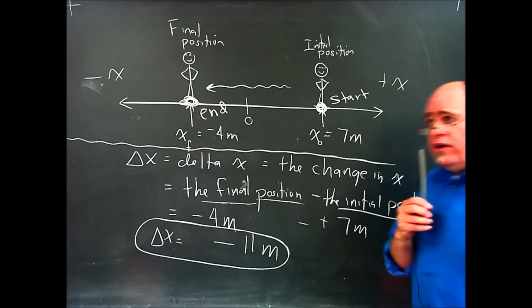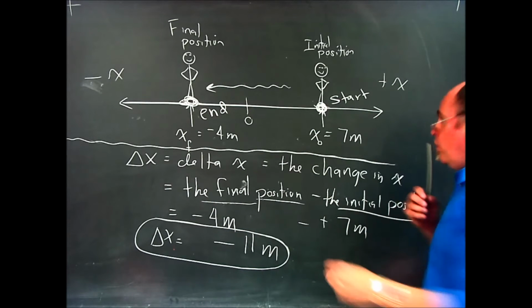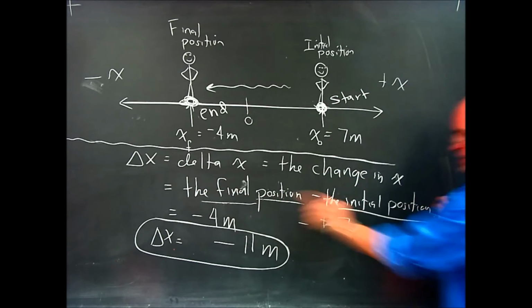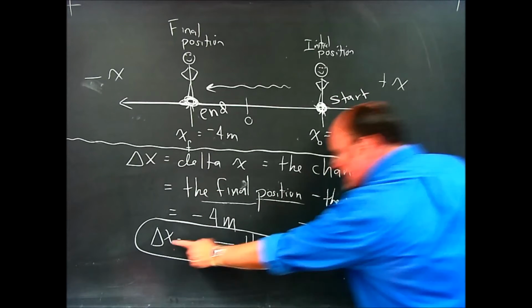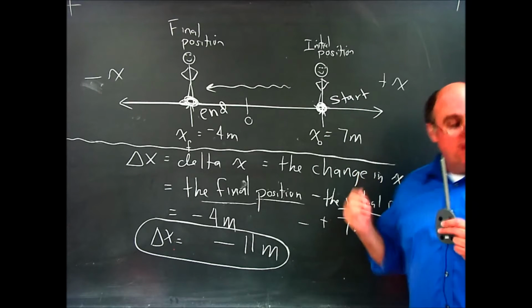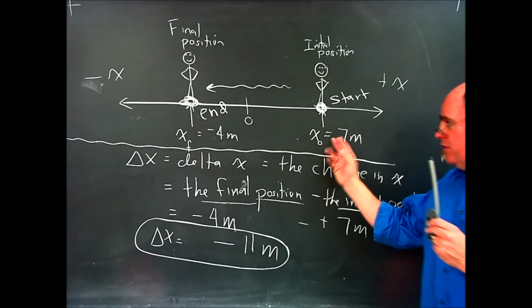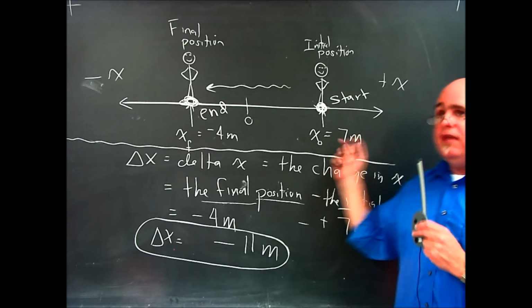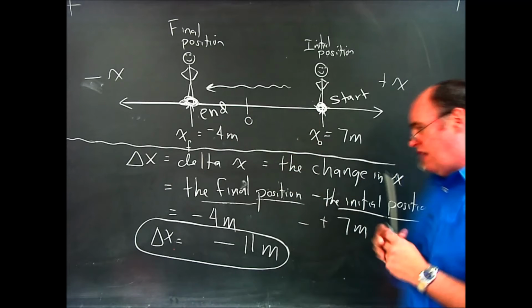And if we want to know how the person was displaced, we would say delta x, which would be the final position minus the initial, and in this particular case, it is -11. They have been displaced. They have been moved 11 meters. Negative means to the left. So they've been displaced 11 meters to the left of where they started from.